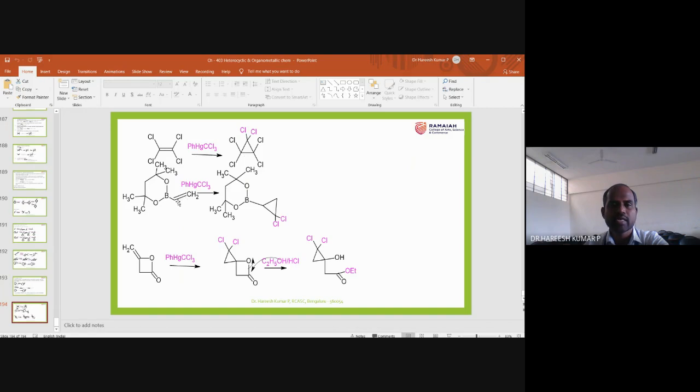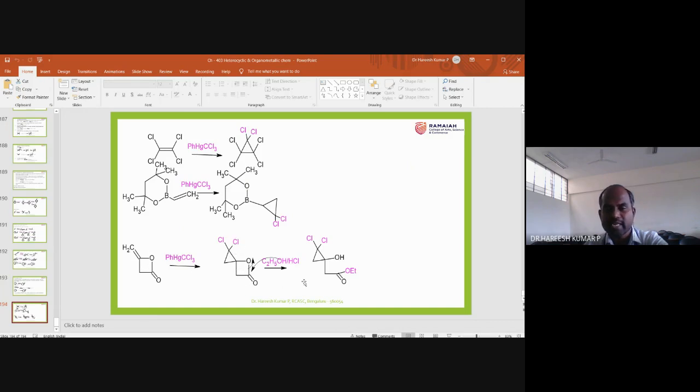Similarly, this double bond is there. To this double bond, CCl2 is added, cyclopropanated. And here I am taking one more compound, a 4-membered ring. Here this is an oxygen, a carbonyl compound. This is an alkene. When phenyl trichloromethyl mercury is added to this alkene, cyclopropanation happens like this.